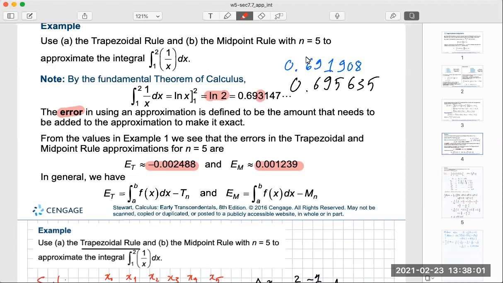It means our numerical result is higher than the real value, right? On the other hand, if the error is a positive number, it means that our result is lower than the true number.